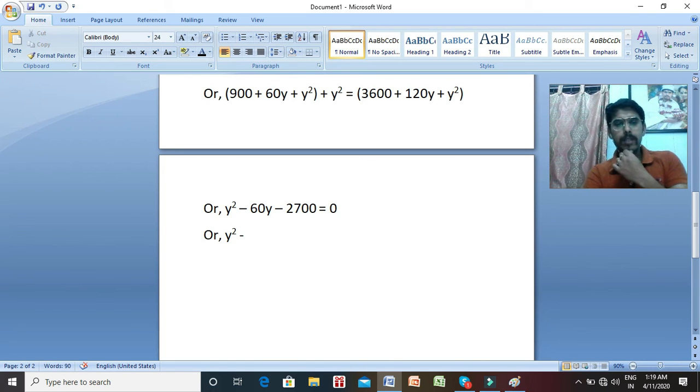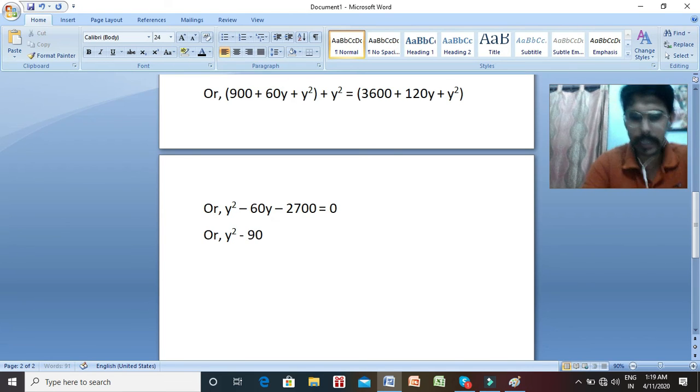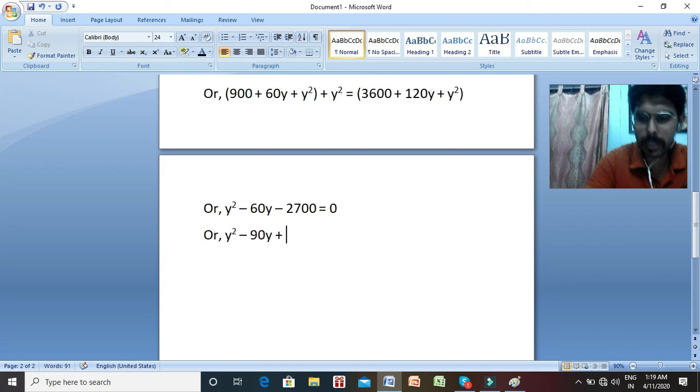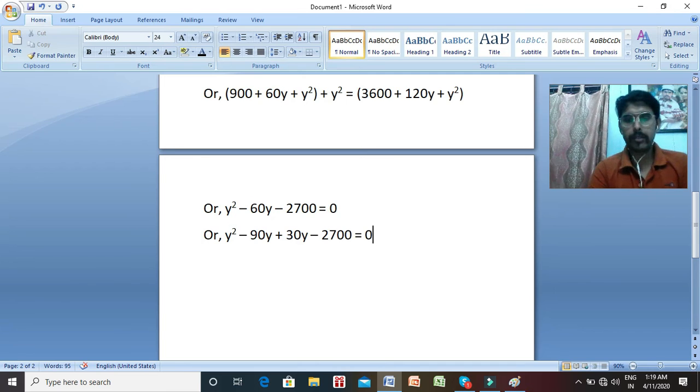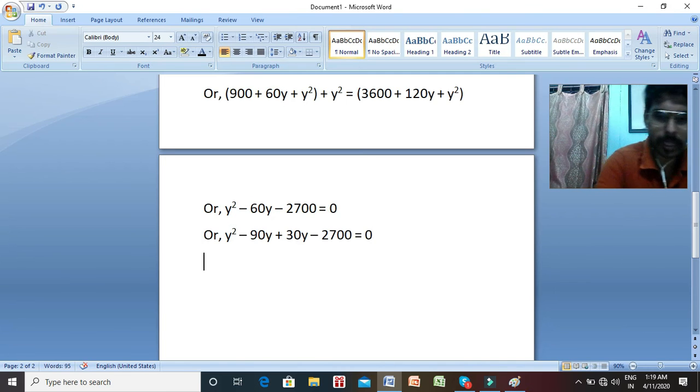For 60y and 2700, we can make it 90 into 30, that is also 2700, and that will give us 60. So y square minus 90y plus 30y minus 2700, that should be equal to 0, right? So this is the final form. Now we need to just take common and we will get our answer.